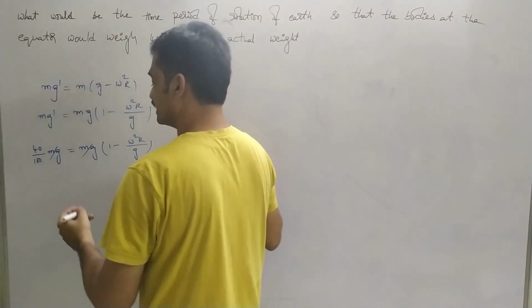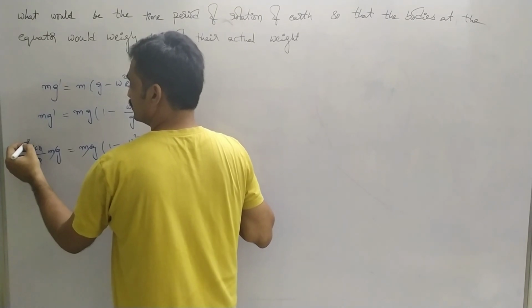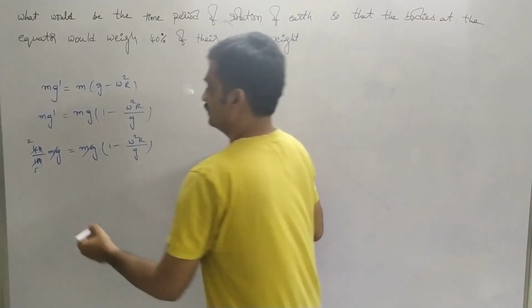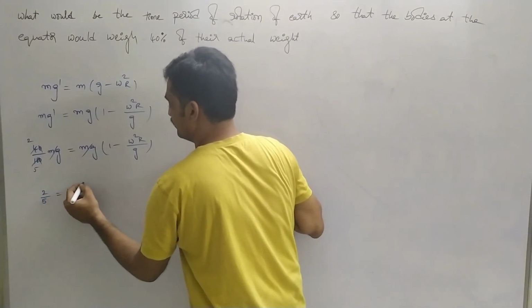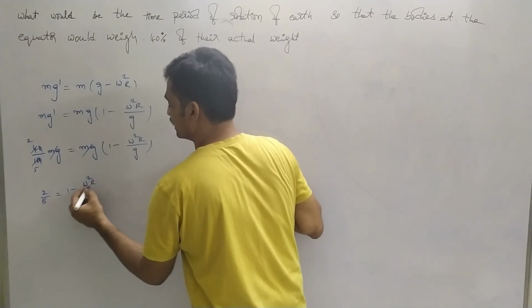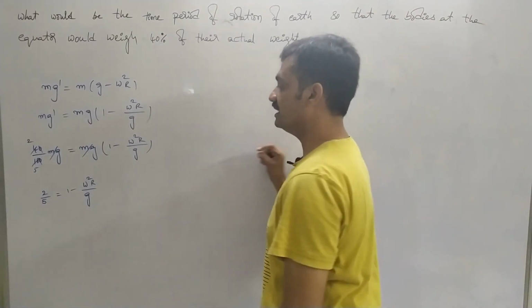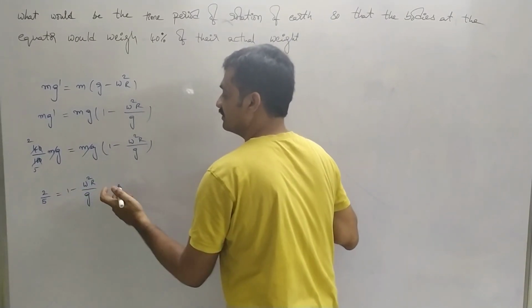Here mg gets cancelled and 0 gets cancelled. 2 2s are 4, 2 5s are 10. Then 2 by 5 equals 1 minus omega square r by g. Sending omega square r by g to this side and bringing 2 by 5 to the other side, omega square r by g equals 1 minus 2 by 5.